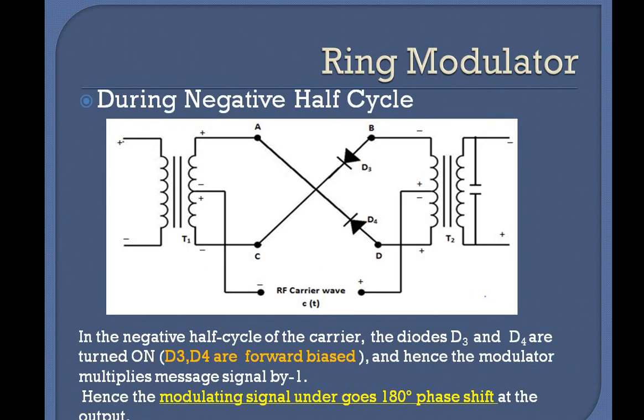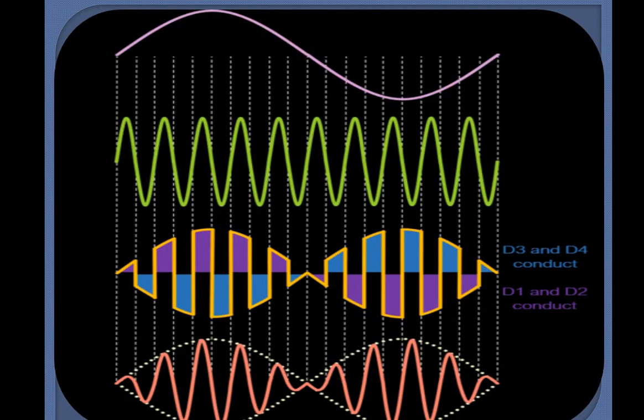In the negative half cycle, D3 and D4 are on and D1 and D2 are off. Here in the output you get a 180 degree phase shift of the modulating signal. The message signal is multiplied with -1, so you get a 180 degree phase shift. This is the output of your DSBSC ring modulator.